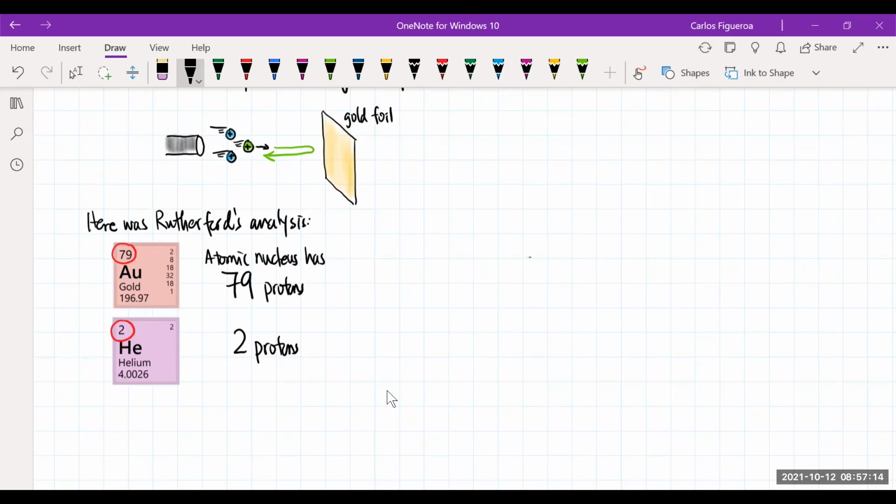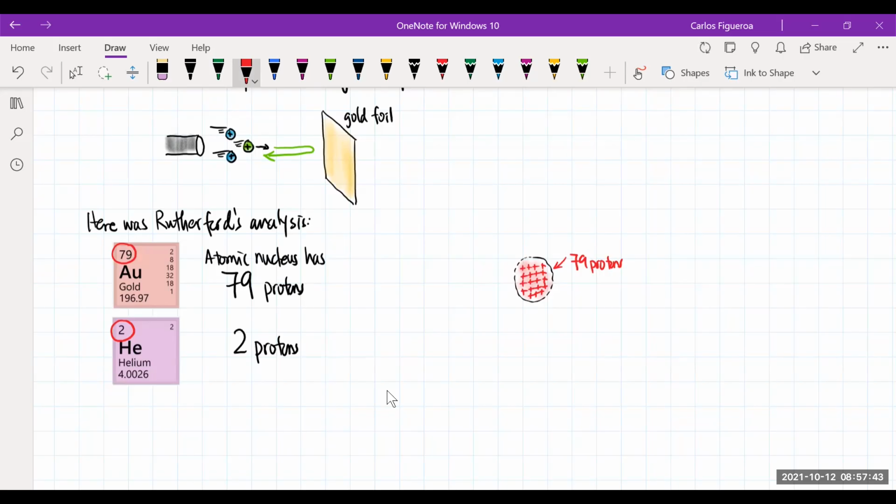He says, okay, I have a nucleus, right? I'm looking at my nucleus, and I'm only going to focus on the positive charges. There's this enormous amount of positive charge. This guy has 79 protons.